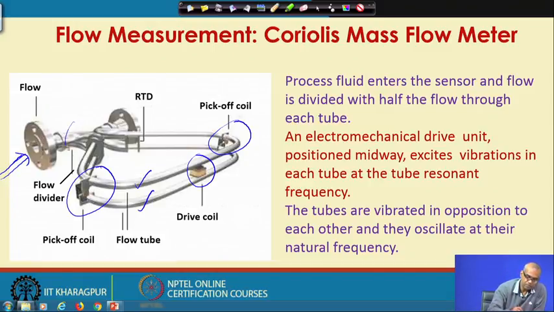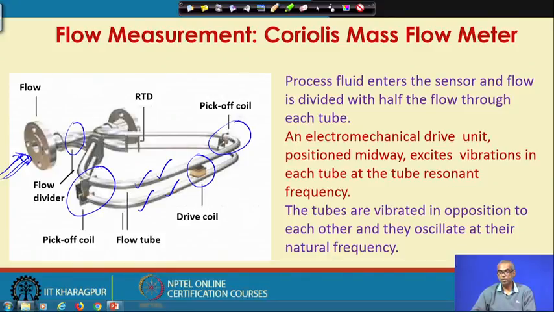Here you have the flow divider. What it does is it divides the flow equally to this tube and this tube. So, process fluid enters the sensor and flow is divided with half the flow through each tube. An electromechanical drive unit positioned midway excites vibrations in each tube at the tube resonant frequency.